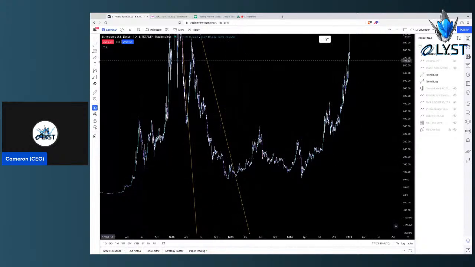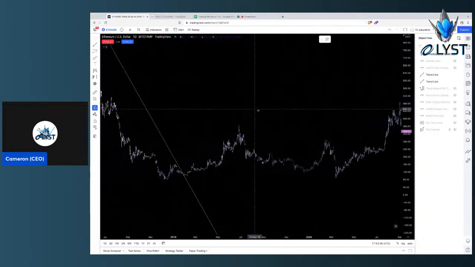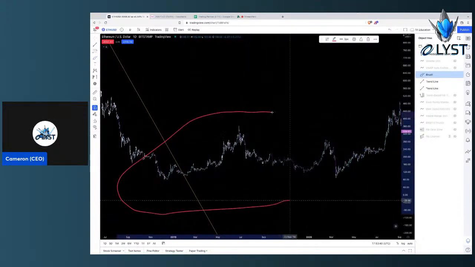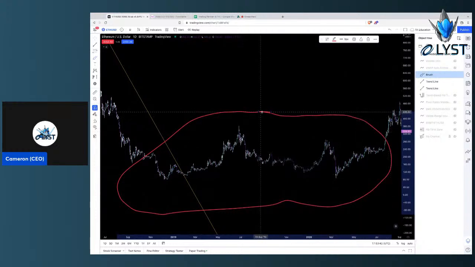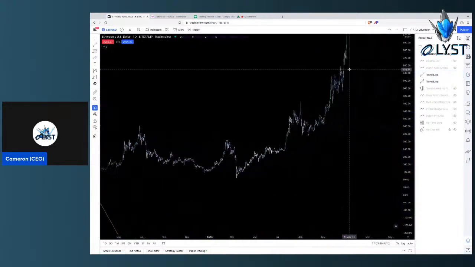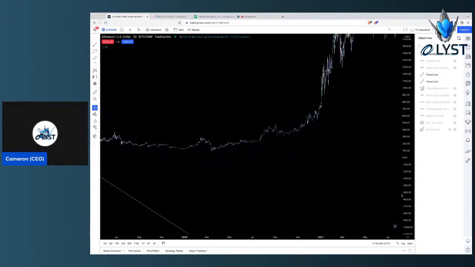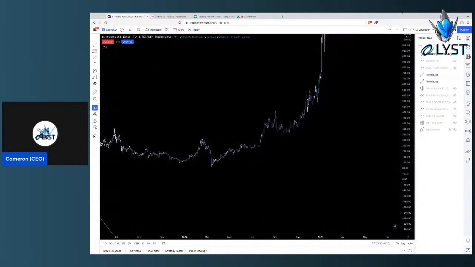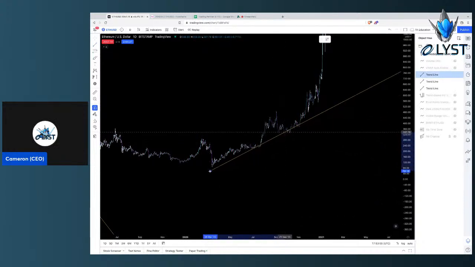Now that we've broken out of this kind of sideways consolidation, and this range, we start looking at the bottoms. Obviously, the bottoms are dictating that we're in an uptrend.